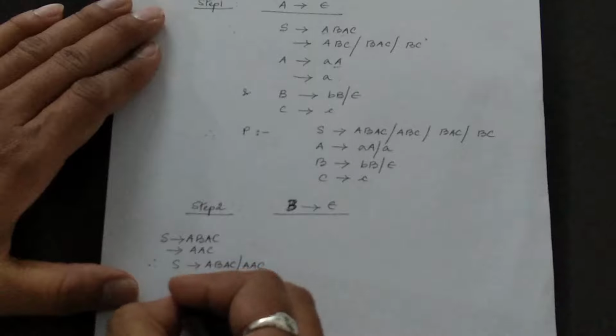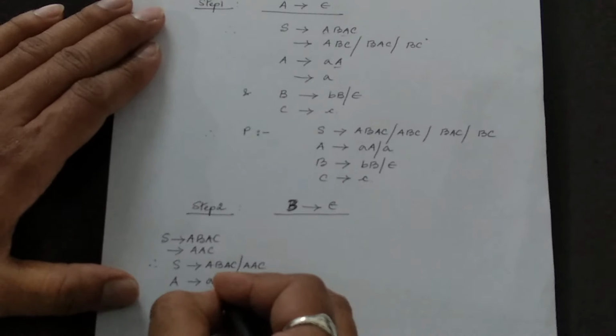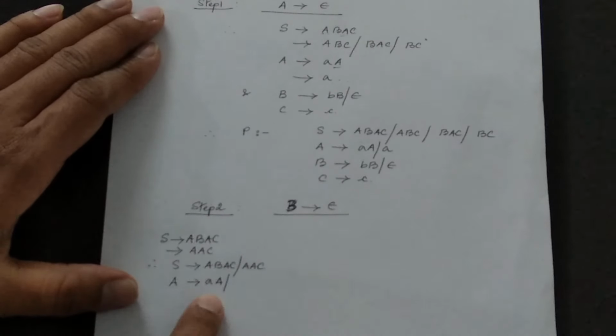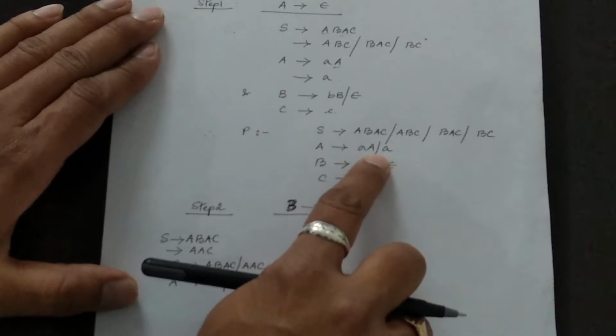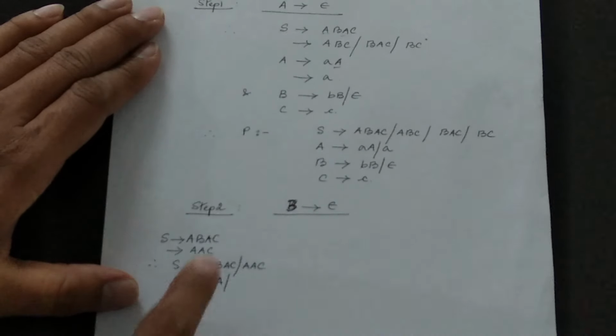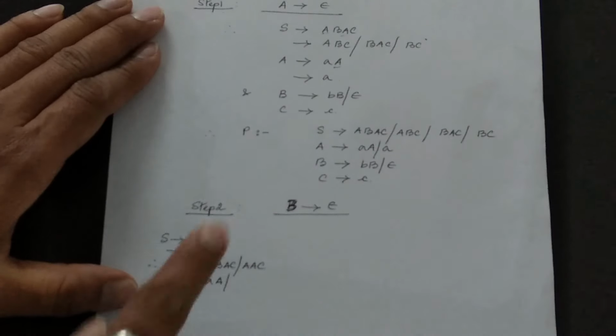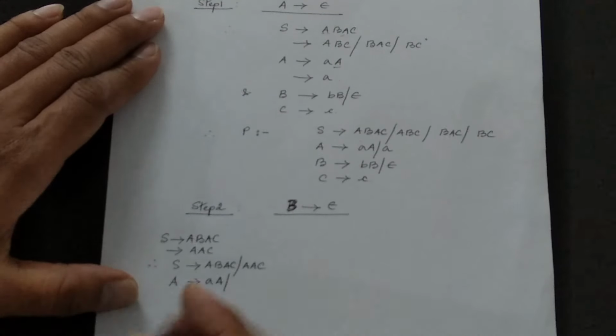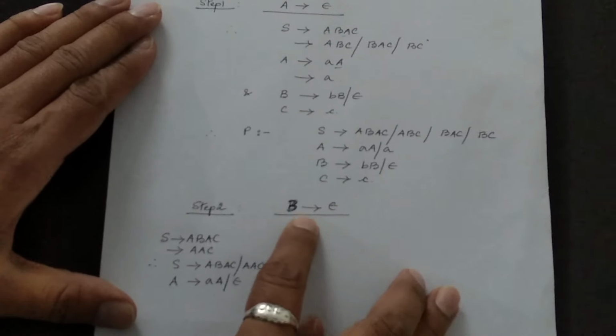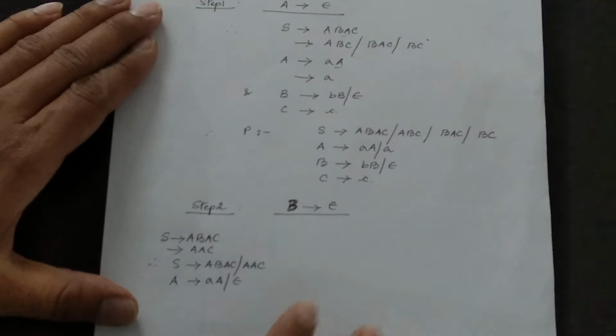Clear? Similarly, A tends to small letter A, and here I cannot write this production. Remember, this is for the first question that has been given. Okay, then the final one you have to merge both. So A and epsilon will remain as it is, because now in this case we are concentrating only on B tends to epsilon. Clear?